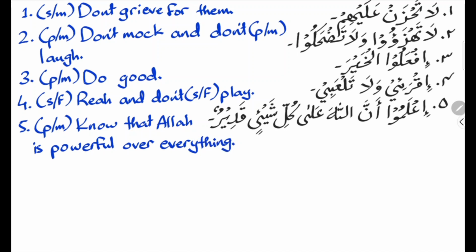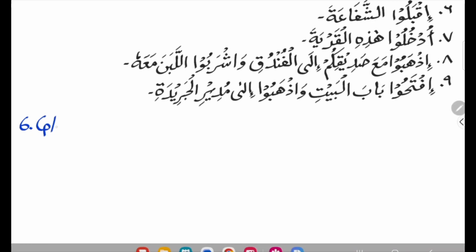Now let's take some more sentences. Number 6 is اقبلوا الشفاعة. قبل means to accept. اقبلوا is on the wazn of افعلوا, so that's amar for plural male, plural masculine. Accept. الشفاعة means the intercession. Accept the intercession.